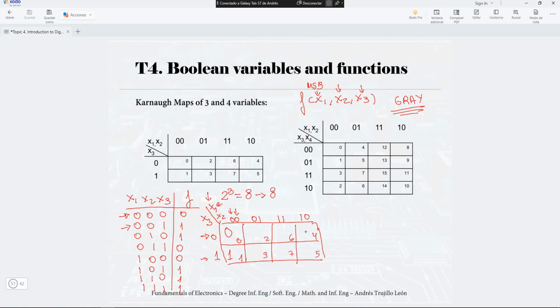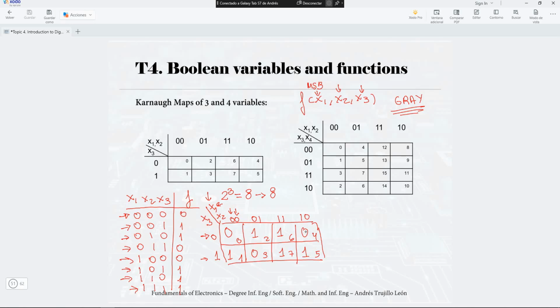So now, in position 2 we have a 1. In position 3, we have a 0. In position 6, we have a 1. In position 7, we have a 1. In position 4, we have a 0. And in position 5, we have a 1. So we have built the Karnaugh map that corresponds to this truth table.